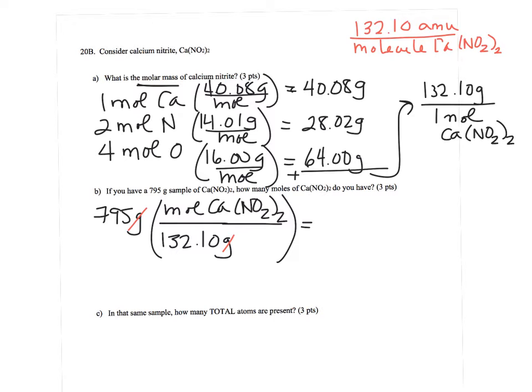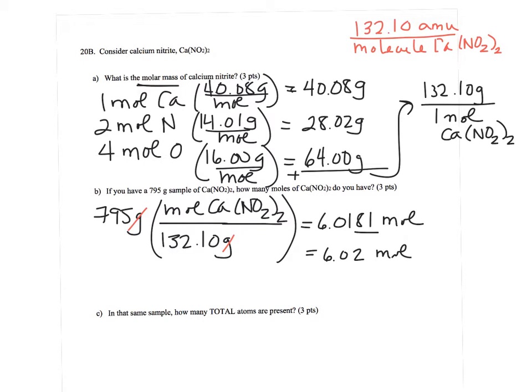And my final answer here, let me write it in black, hold on, is 6.0181 moles, and I'm going to be limited to 3 sig figs, so I'm going to say 6.02 moles.